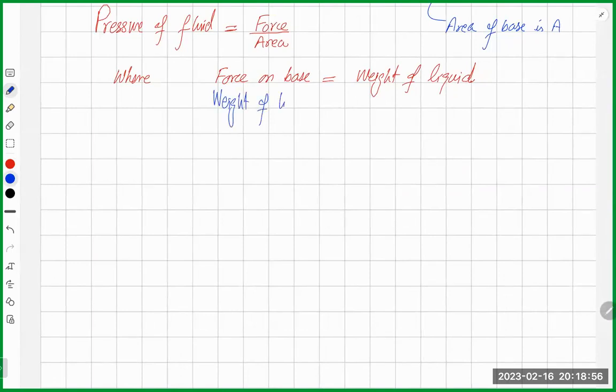Weight of liquid equals volume of liquid multiplied by density. So in this case, density is easy to know. It is rho. What is volume?